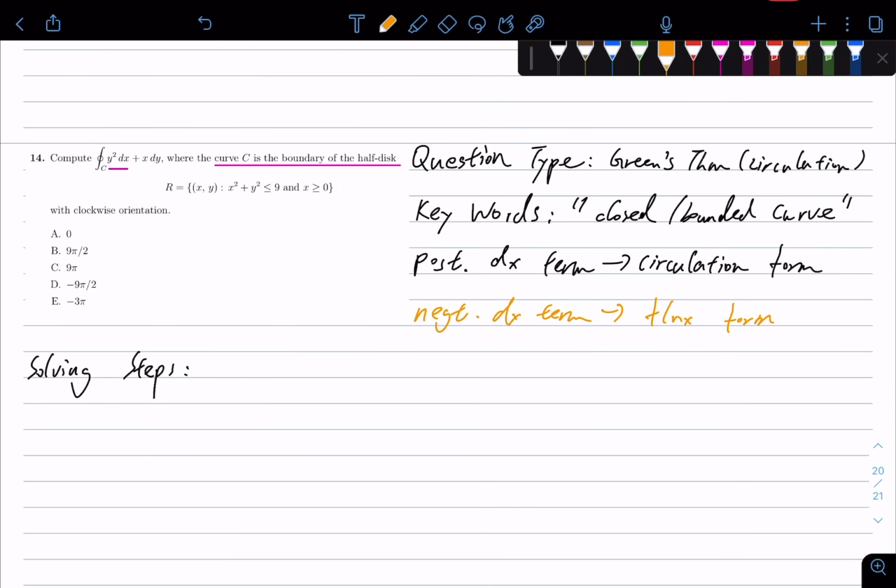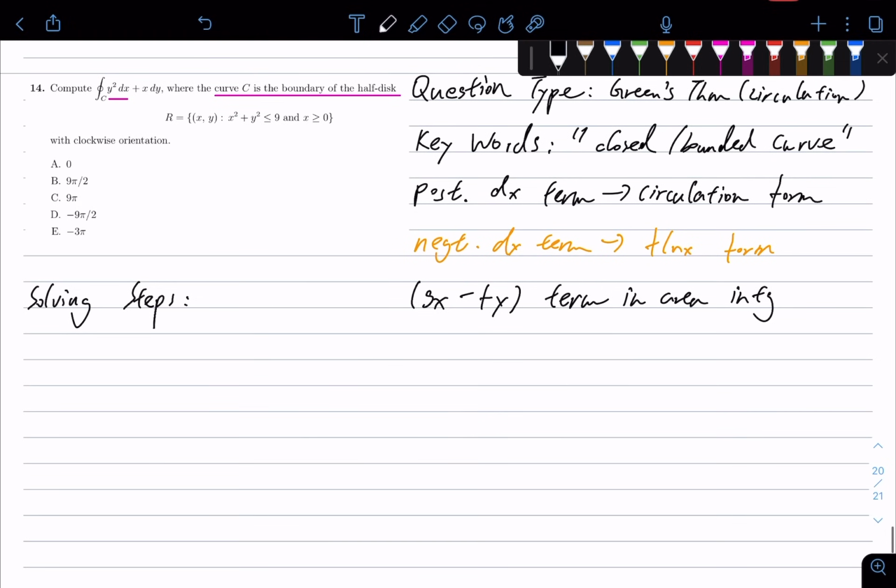If it's an area integral, we are going to have the gx minus fy term in the area integral. So that's circulational form. And yeah, that's pretty much it. This is another additional hint that's not available in this question.